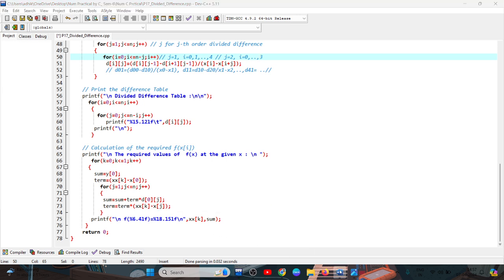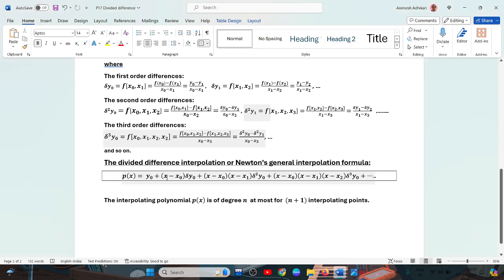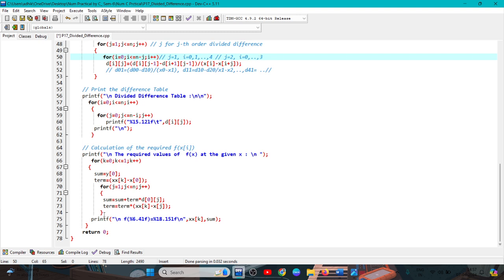So we get y0 plus (x minus x0) delta y0. Next, term equals term into (x minus x1), so term means (x minus x0) into (x minus x1). So this is the term.